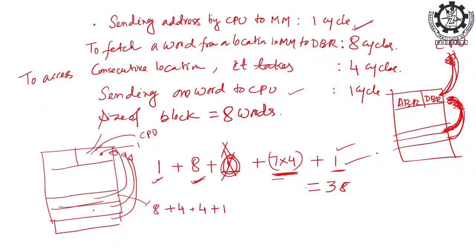It is the same thing: unless that data is available in DVR, it cannot transfer. So, CPU is done with all 7 words, but CPU is waiting for the 8th data. Once the 8th data is available in DVR, only then can it transfer. So, the last transfer is happening after transferring data to the DVR. So, that is why this one will be included.